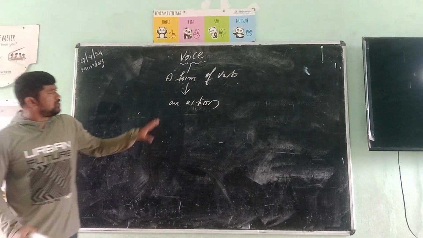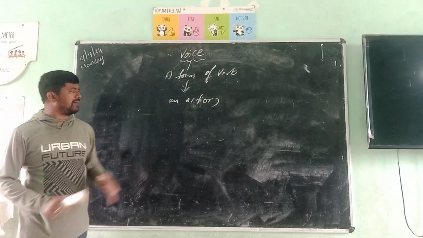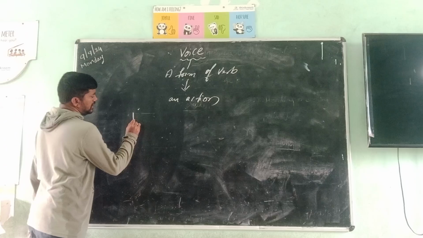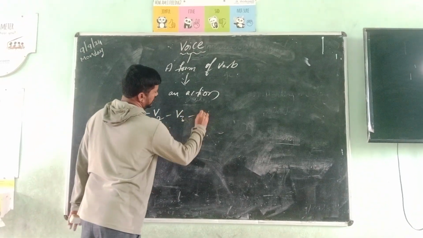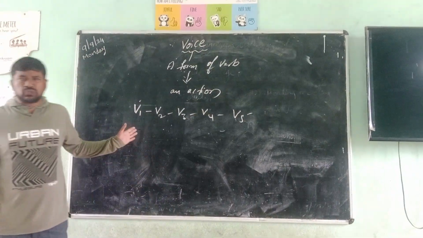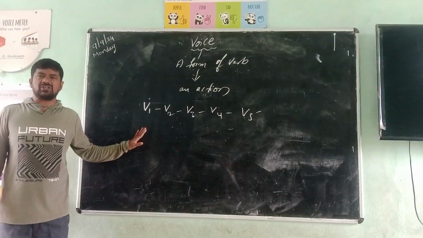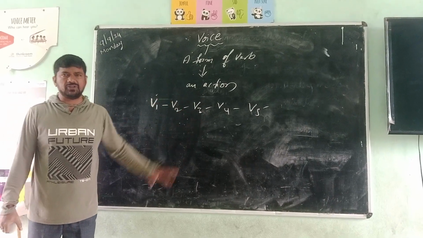Before we learn this voice deeply, we have to know all the five forms of the verb: V1, V2, V3, V4, V5. In order to understand the voice completely, we have to understand the five forms of the verb.